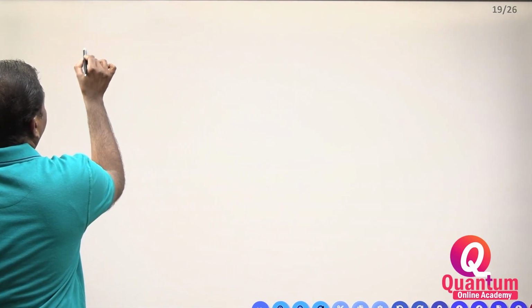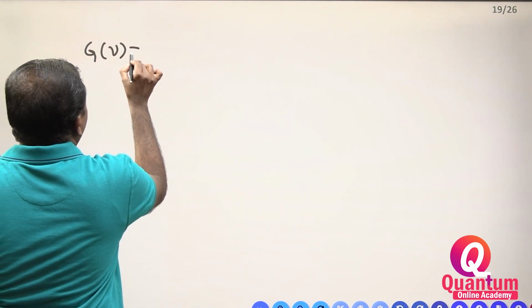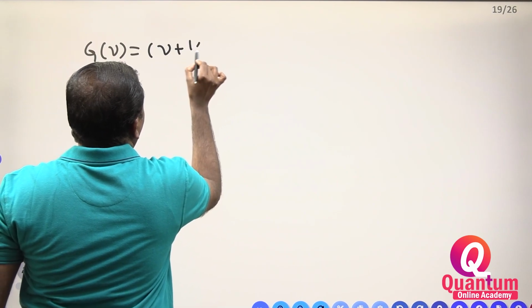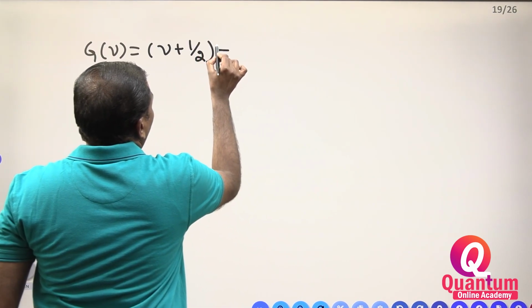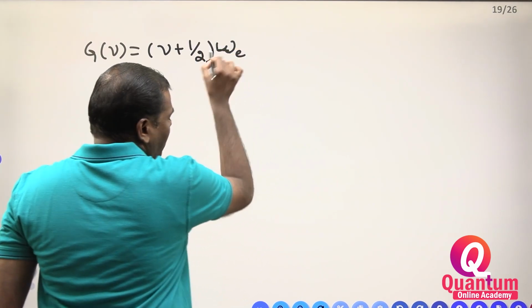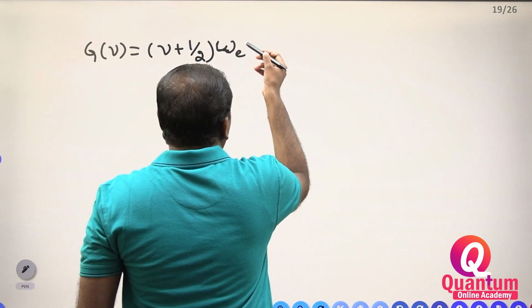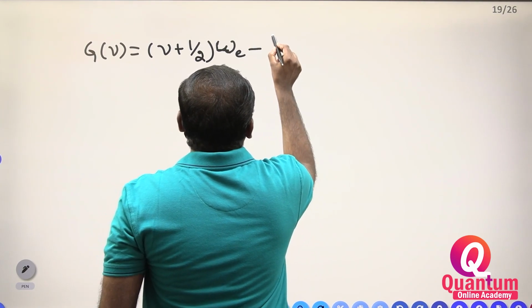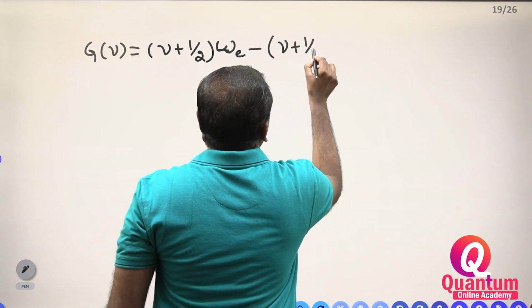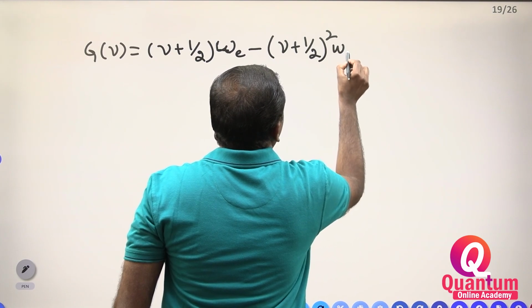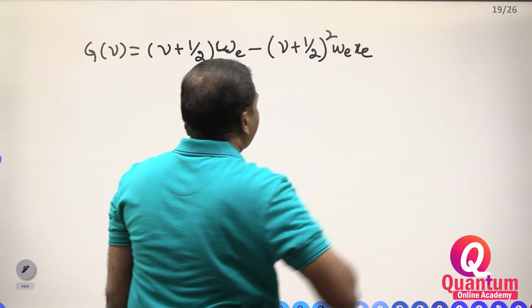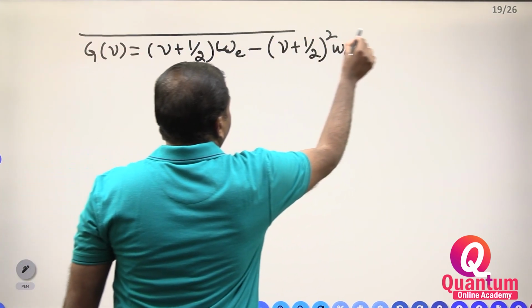G of nu is equal to nu plus 1 by 2 into omega e, this is the fundamental harmonic frequency, minus nu plus 1 by 2 whole square into omega e xe. This is the formula.